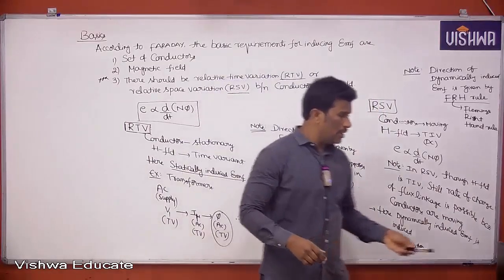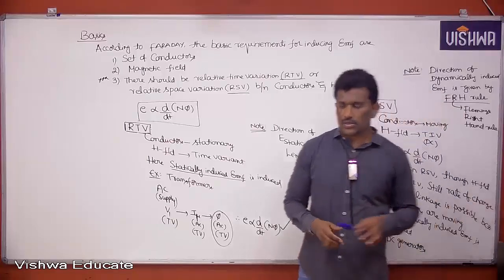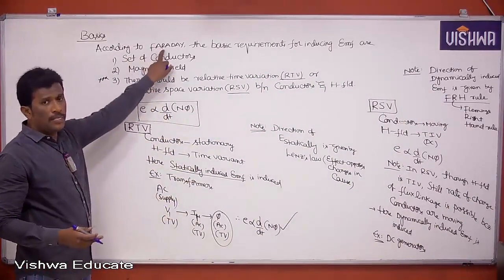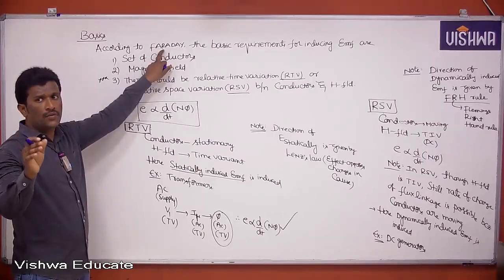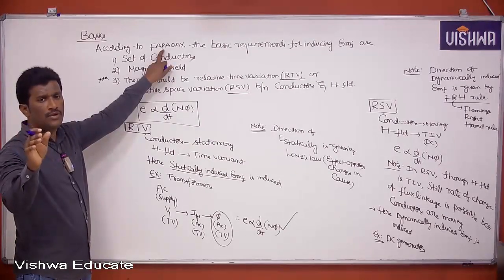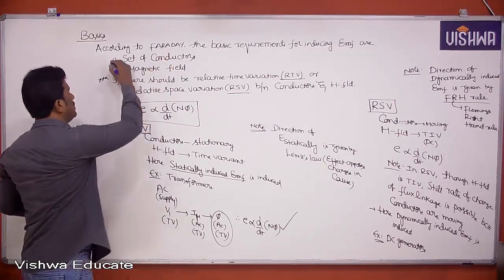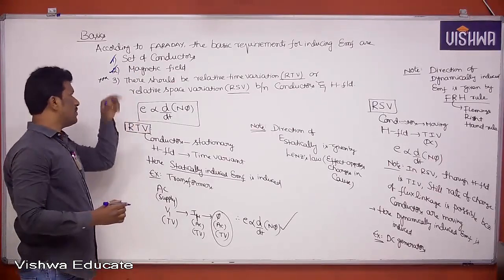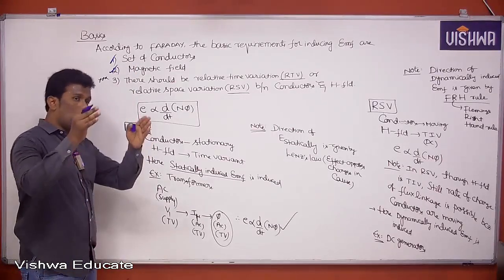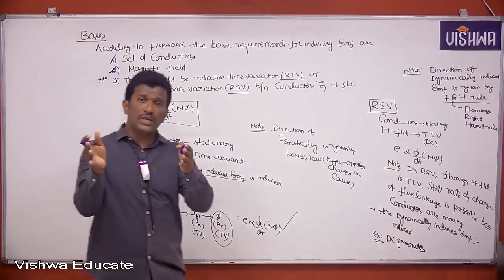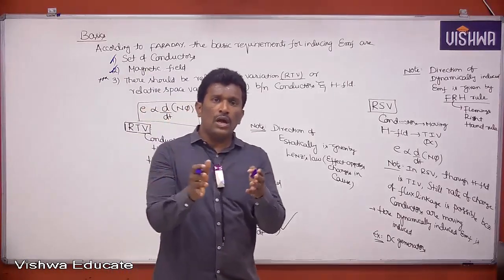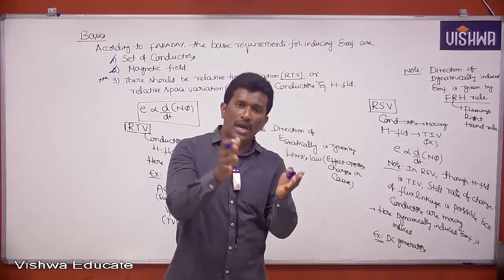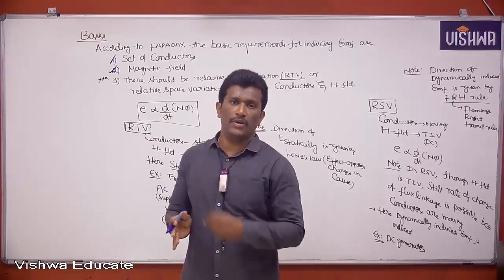Okay. So here, if you observe clearly, let me conclude this topic clearly. What I said, according to Faraday, the basic requirements for inducing EMF are conductors and magnetic field. The third one is very, very important. Though conductors are there, though magnetic field is there, without RTV or RSV between conductors and magnetic field, EMF will not be induced.